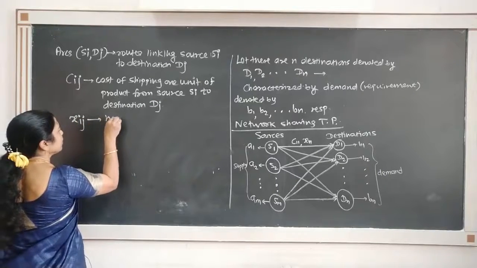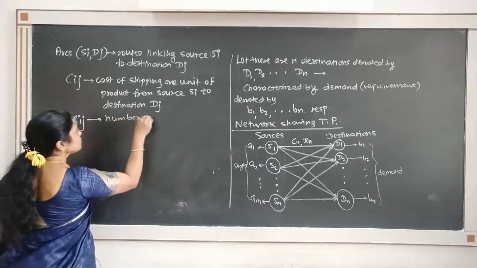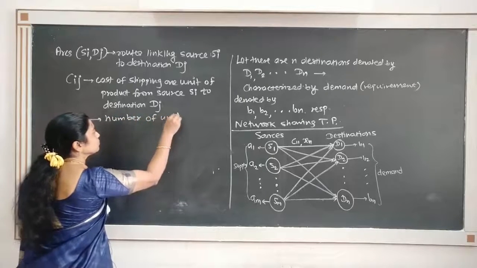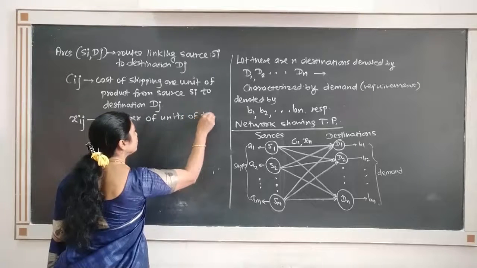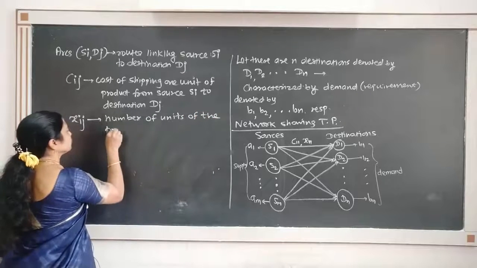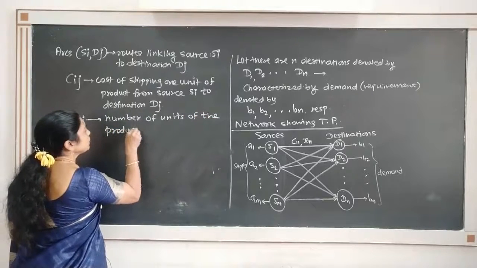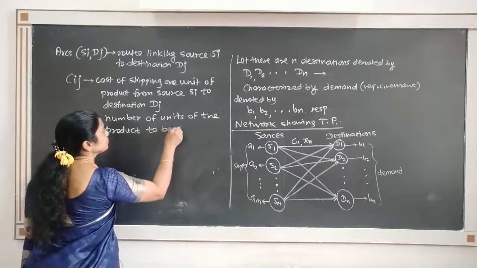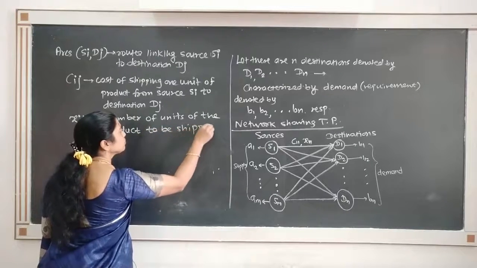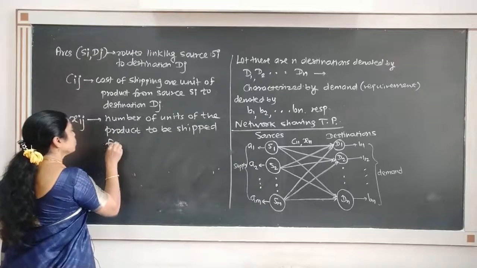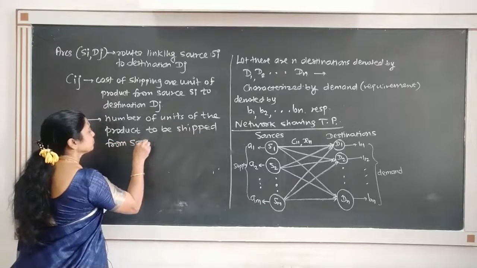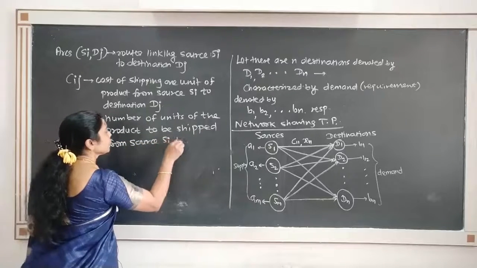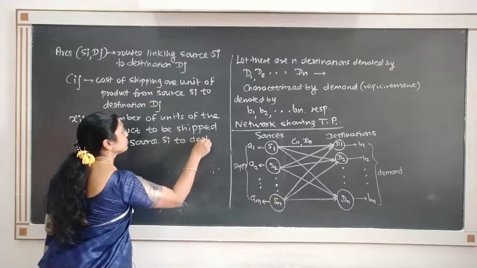Xij is the number of units of product to be shipped or transported from source Si to destination Dj.